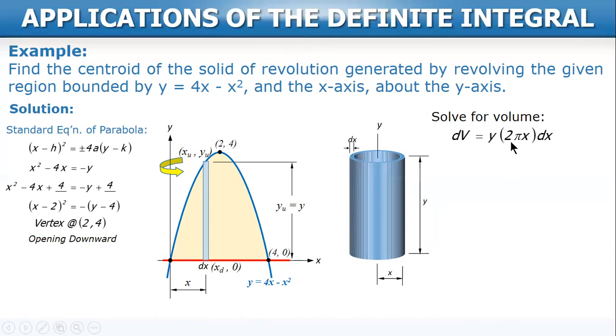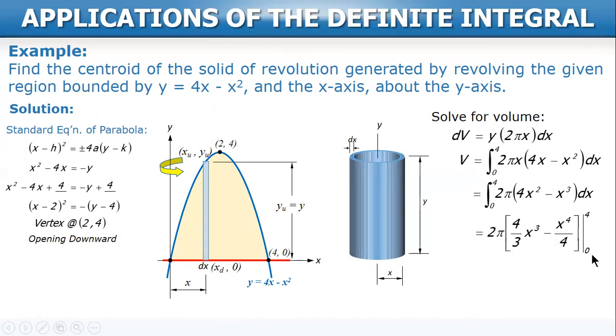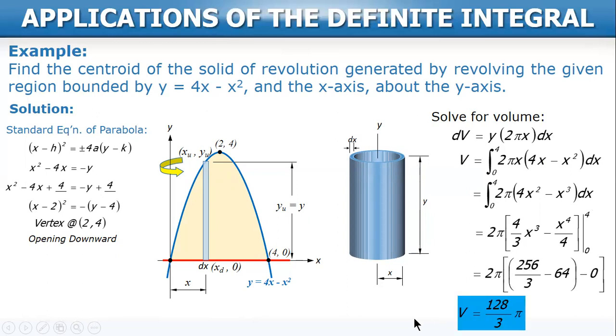And dx man ta, our limit is from 0 to 4. So, we replace y by x from the equation. Y is simply 4x minus x squared. It's very simple. You just distribute x and then we integrate using power rule, and then evaluate from lower to upper limits. And our volume is 128 over 3 pi.